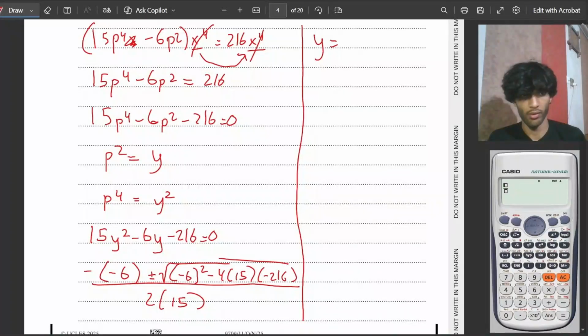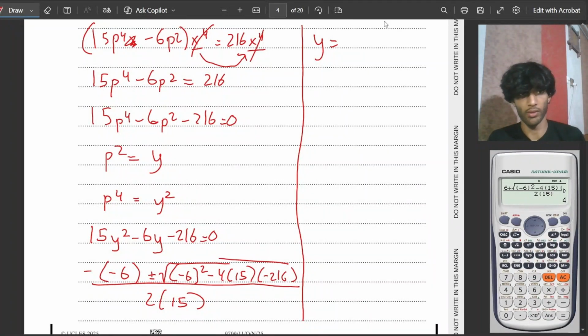So I have minus times minus 6, which is going to be plus 6. Then I have minus 6 squared, which is 36, so I should have written that, but never mind. 4 times 15 times negative 216. And then in the denominator, I have 2 times 15.